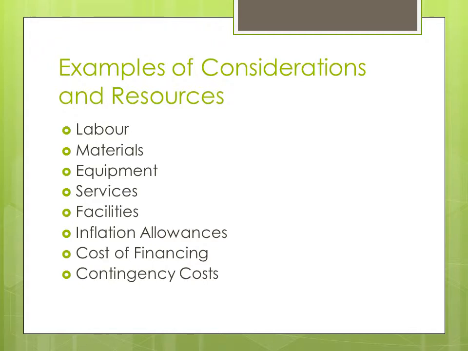So contingency costs are what your cost would be if something goes wrong. Obviously you have to consider what those risks are and have contingency plans in place to cover them, and that's where the contingency cost helps out.